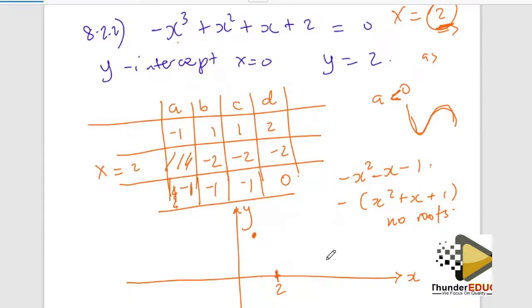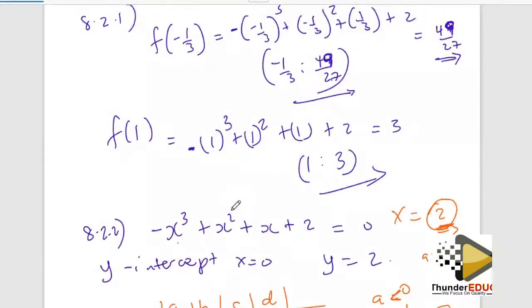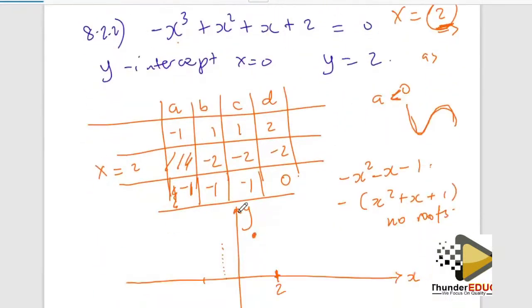Then the other turning point we said was -1/3, somewhere there. And then we got 49/27. That's around about 1.8. So it should be slightly below, because this is a 3. So slightly below there.